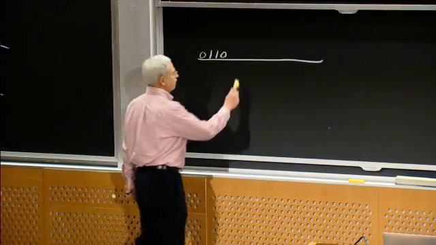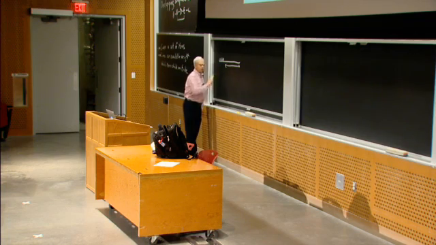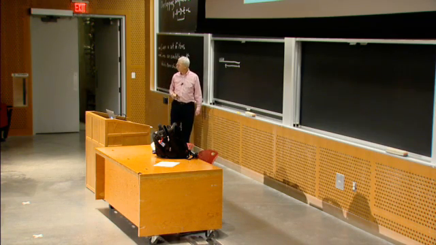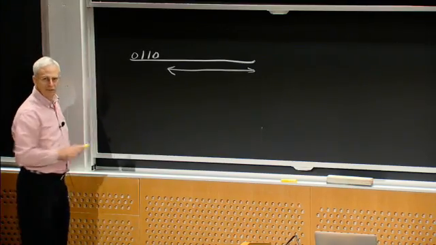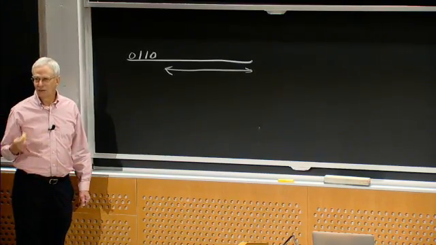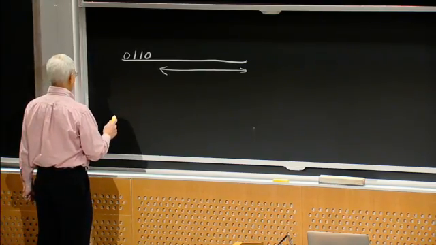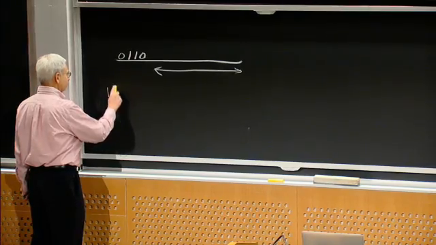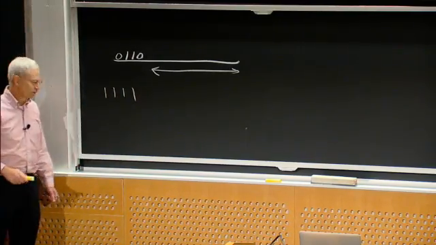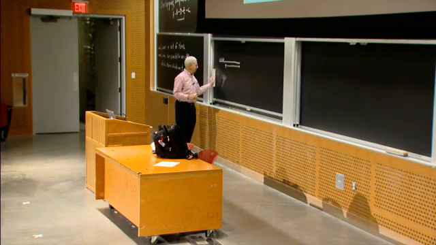And then what I have to consider is the remaining items. Let's say their values were all 2.